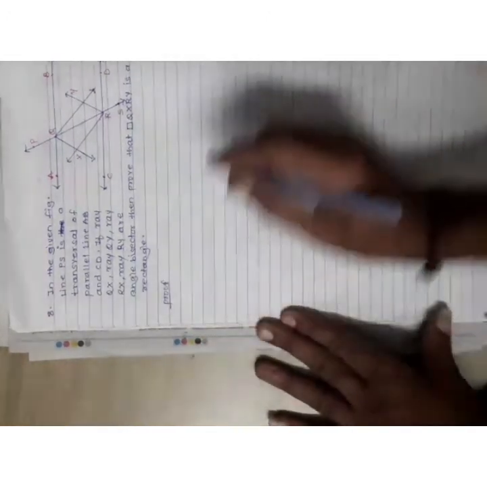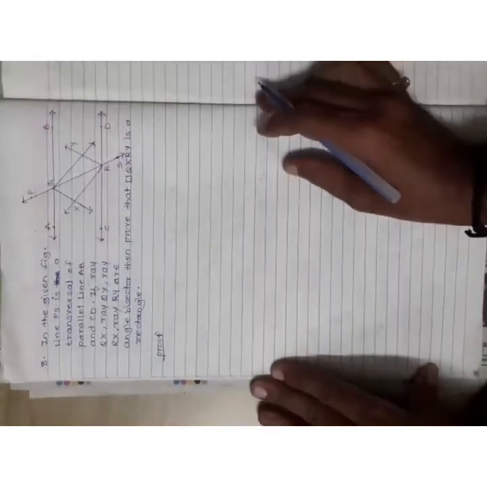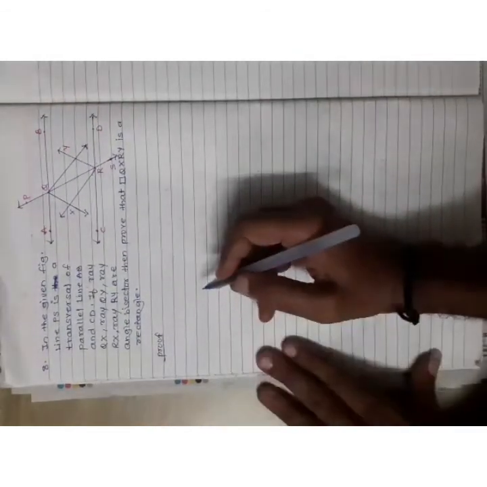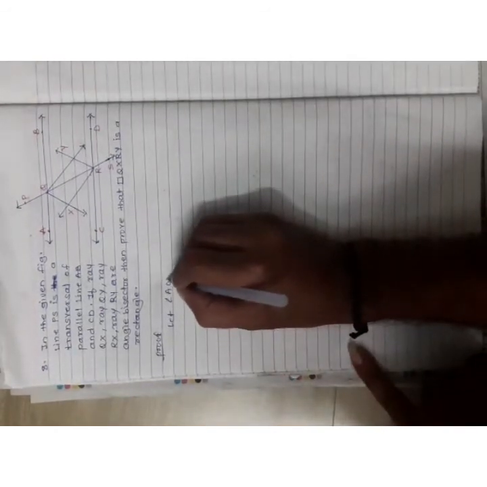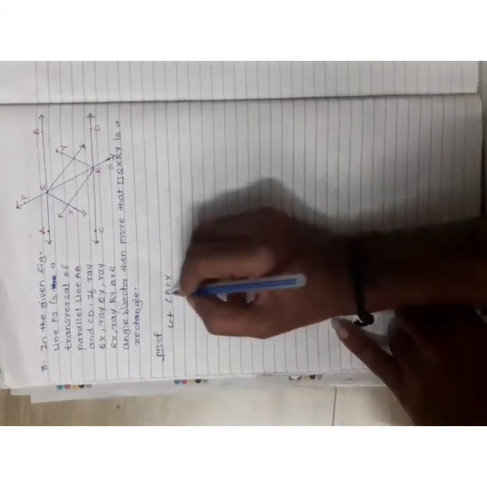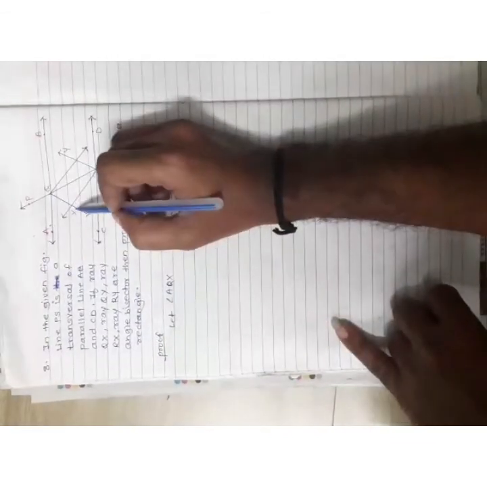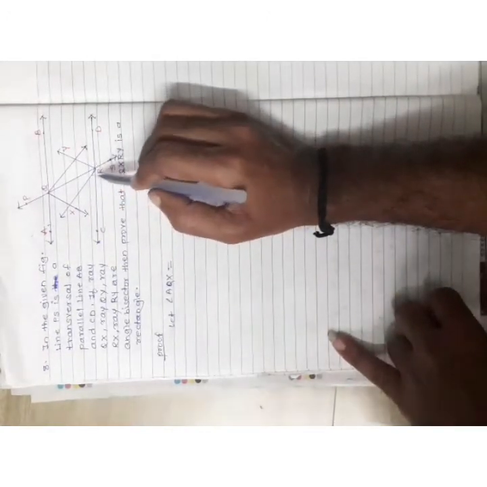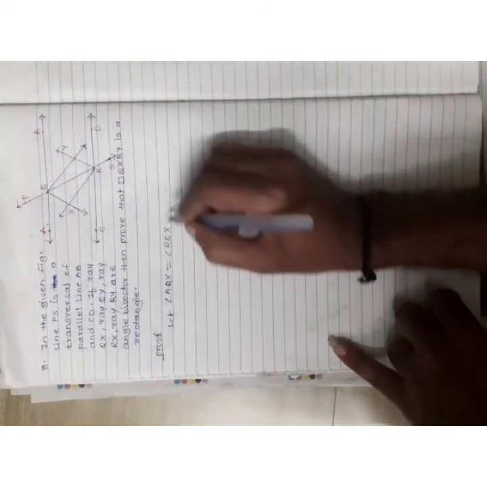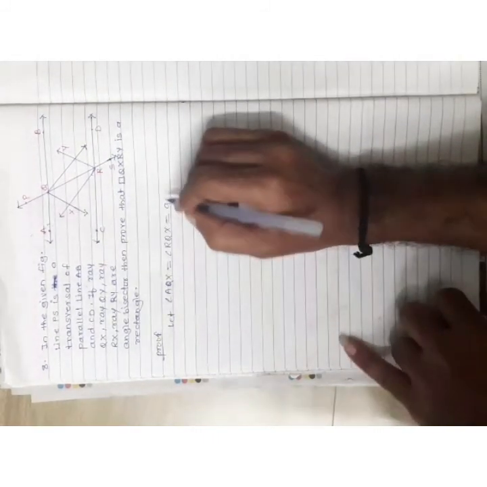Proof. Let angle AQX be equal to angle RQX, equal to A. This is the first equation.